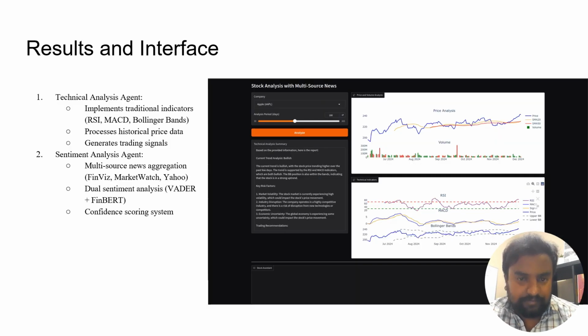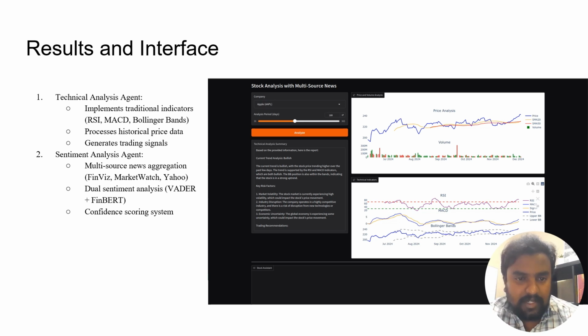Let's go to the results and interface, like I told you before, how the results are going to work. Our system produced promising results, which you can see here. The technical analysis agent implements technical indicators, processes historical price data, and generates trading signals. It used indicators like RSI, MACD, and Bollinger Bands for trading analysis signals.